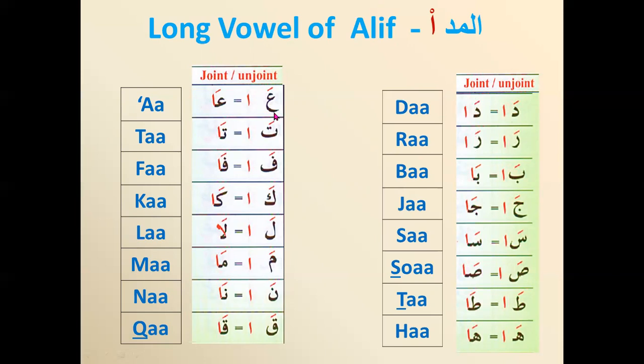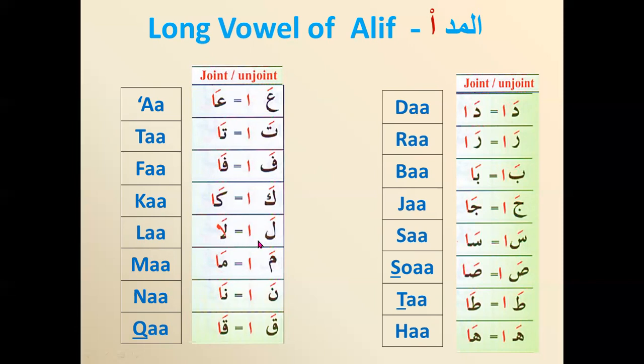Okay, next letter we have ain, fatha, alif, sukun, a. Ta, fatha, alif, sukun, ta. Ka, fatha, alif, sukun, ka. Kaf, fatha, alif, sukun, ka. Lam, fatha, alif, sukun, la.